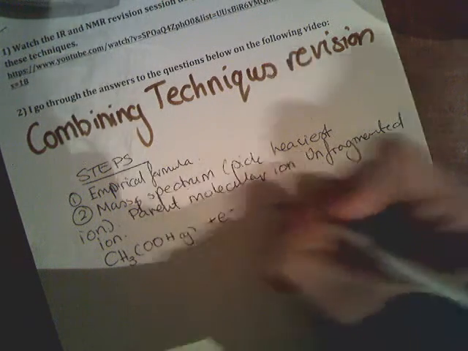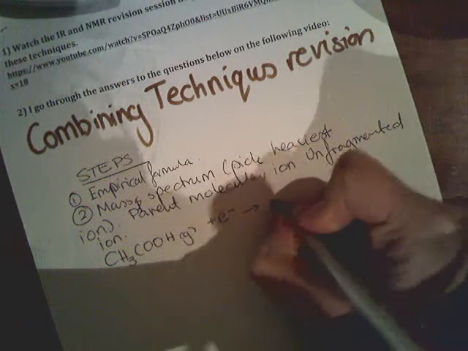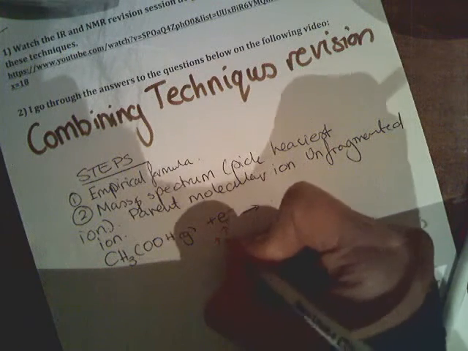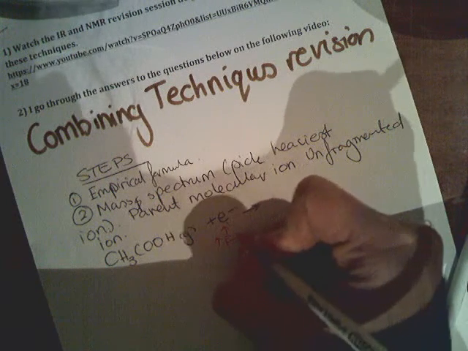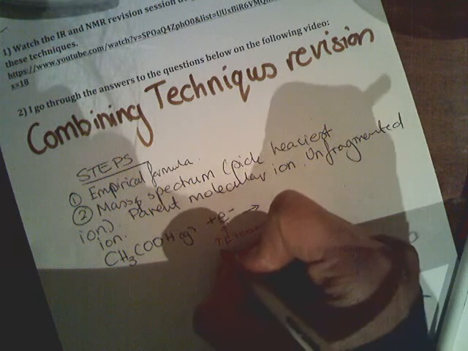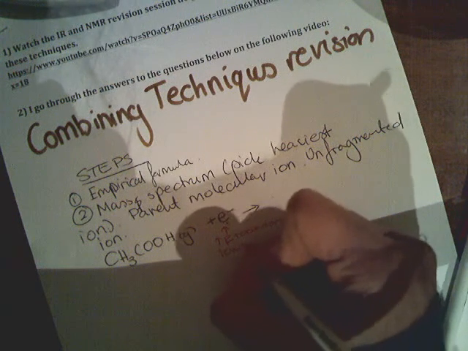Then it undergoes ionization. Basically, it's bombarded with a very high energy electron with high enough energy to overcome the ionization energy.